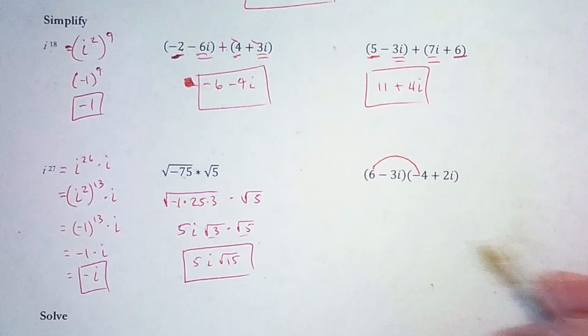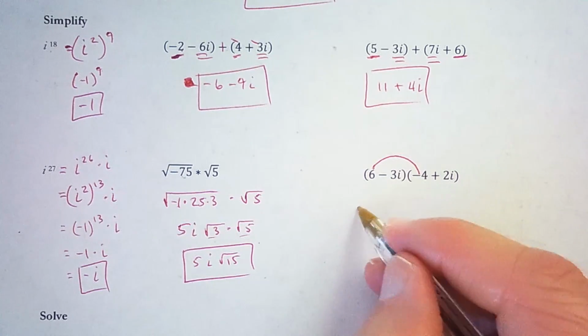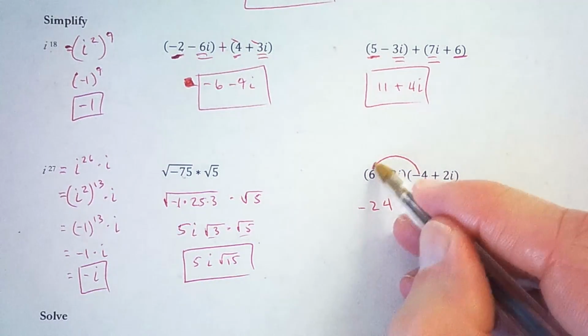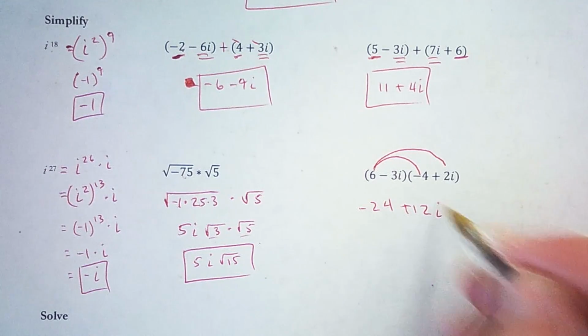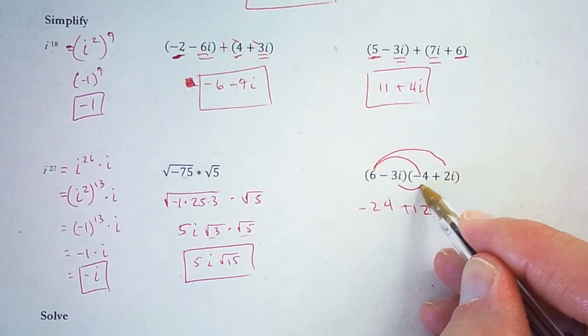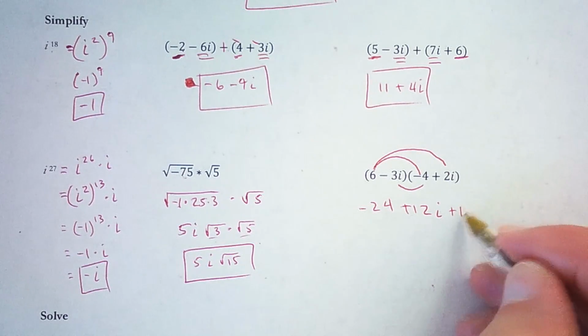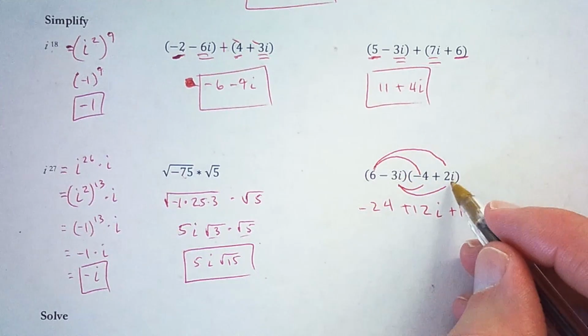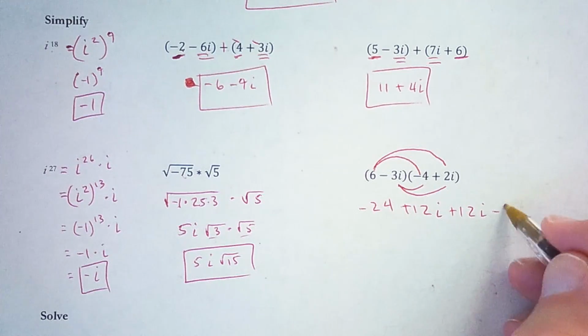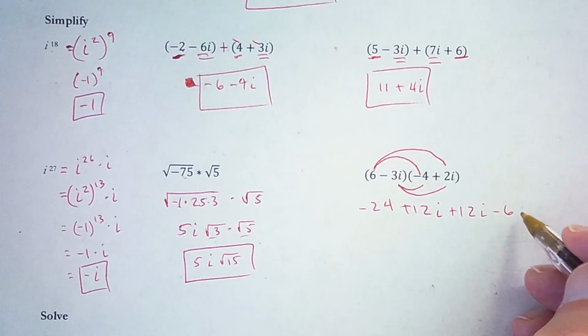Here I can multiply 6 times -4, so that's -24. 6 times 2i, that's 12i. -3i times -4 is +12i. And -3i times +2i is -6i squared.